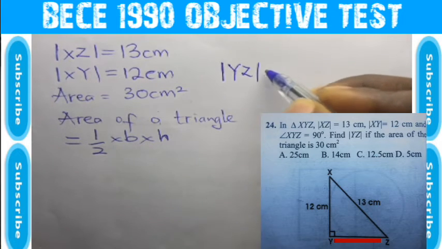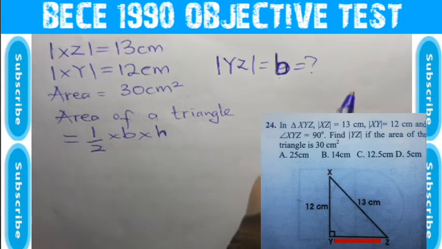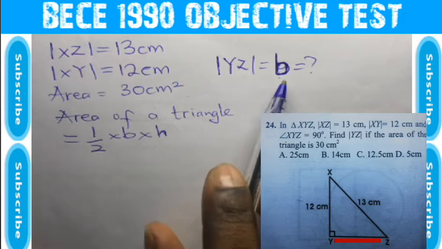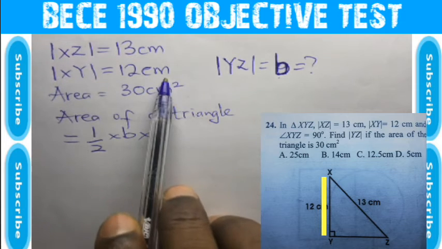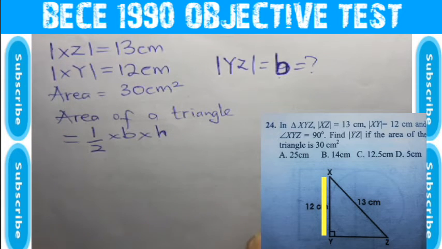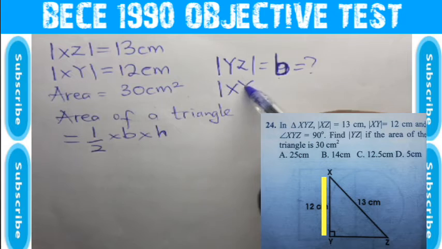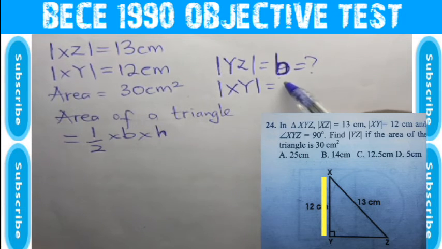YZ is the base of the triangle. We have the height of the triangle to be XY. So XY over here is the height, h, of the triangle, and that one measures 12 centimeters.